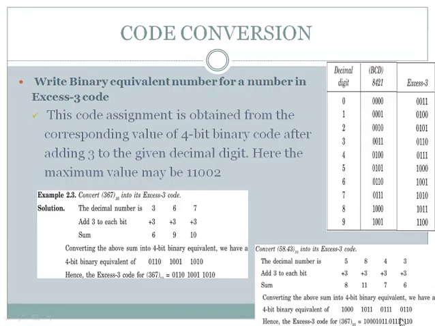You combine all these bits and this becomes the XS3 code for the decimal number 58.43. This is how we can write the XS3 code for any decimal number, and easily convert the given decimal number into its XS3 code.